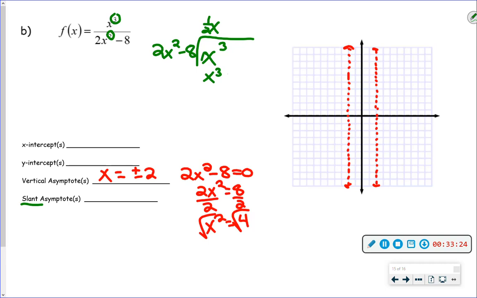Half times -8. Subtract. Remainder, which I don't care about. So I'm going to put down my slant asymptote as y equals 1/2 x. So y-intercept 0, slope 1/2.